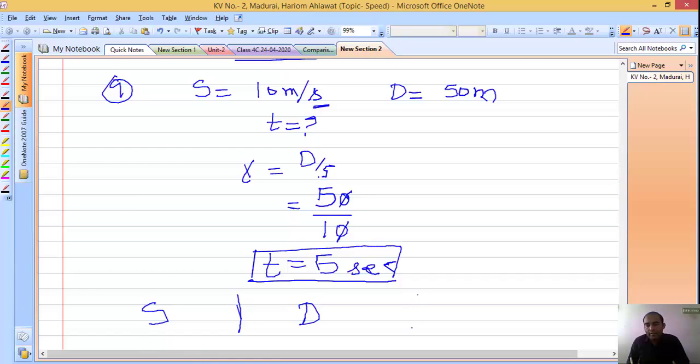If you want to know the speed, you have to know the distance and time. If you want to find out distance, you have to know time and speed. If you want to find out time, you need to know the distance and speed. So if you want to find out one parameter, you have to know the remaining two parameters.